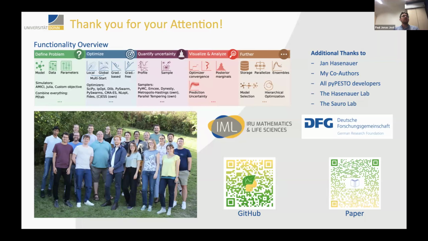If you have really discontinuities in the sensitivities, then you might want to do a sensitivity-free optimization. This is also possible using some other optimizers. That's the nice thing about pyPESTO, being able to choose between the optimizers you want to do, depending on what is available to you. I hope that answers that question.